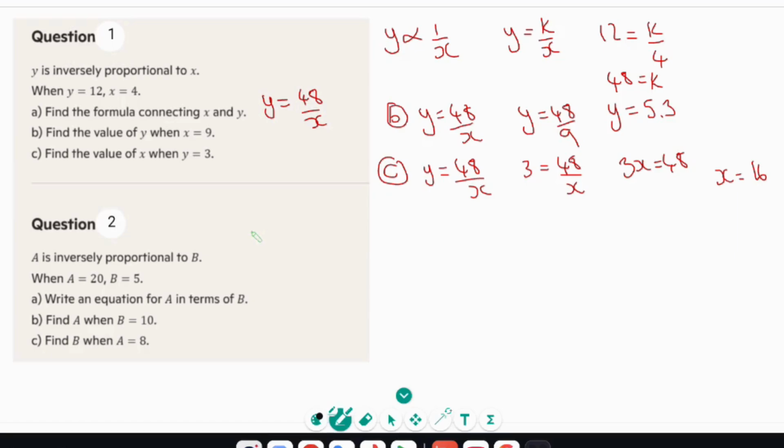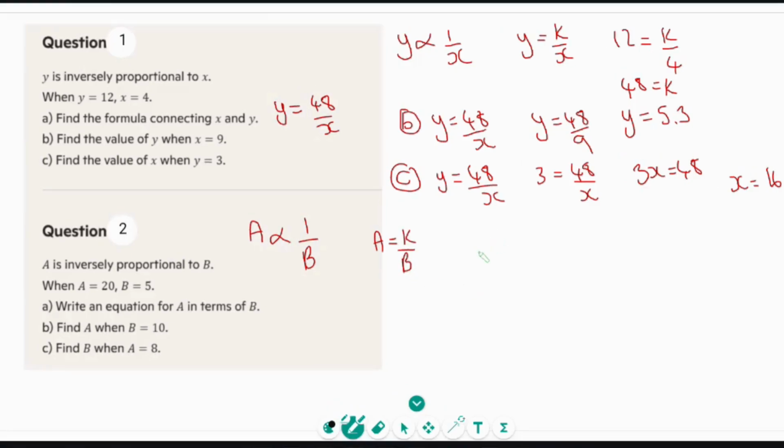Question 2. A is inversely proportional to B. So A is 20, B is 5, times both sides by 5 gives us K is 100.